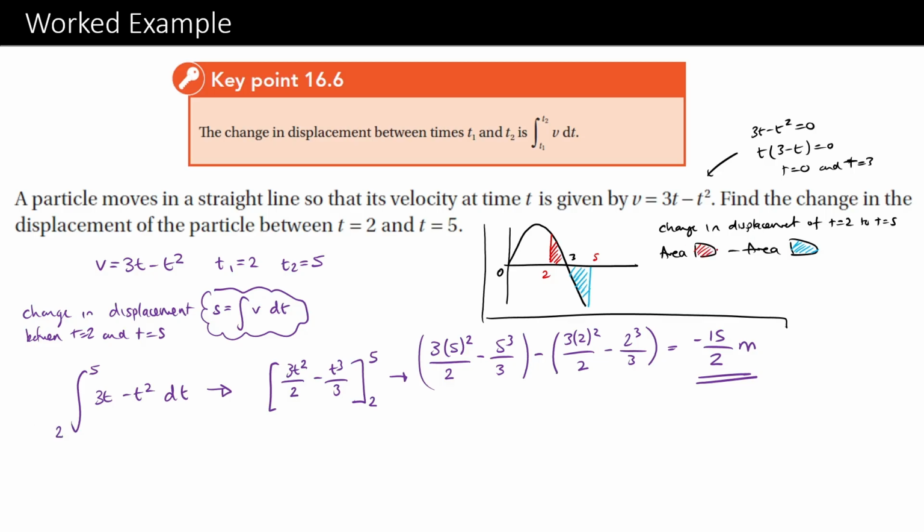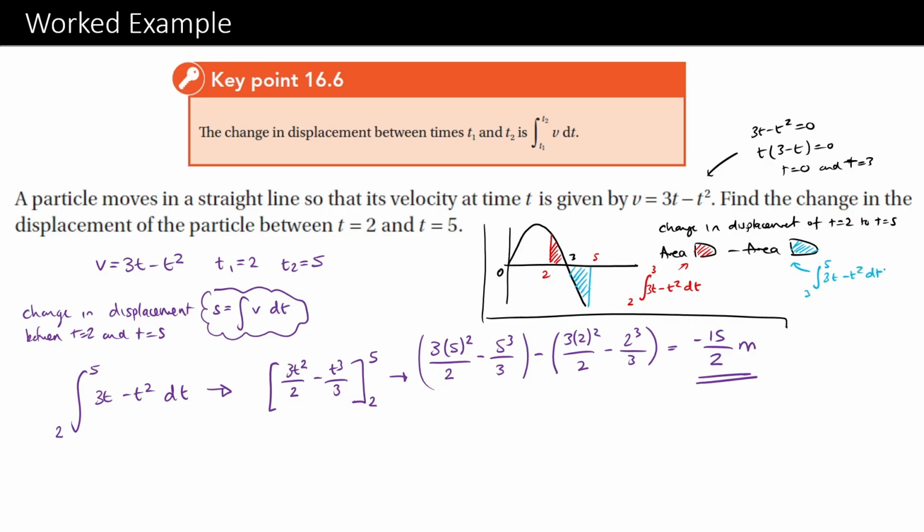So if I was to work out the area of this red section, that's going to be the integral between 3 and 2 of 3t minus t squared dt, and the area of the blue area is going to be the integral between 5 and 3 of 3t minus t squared dt.